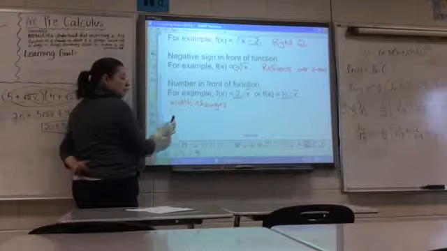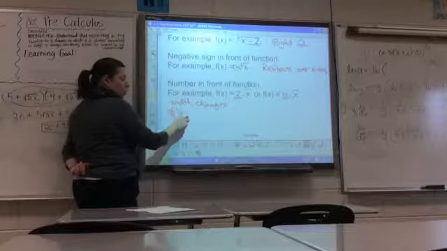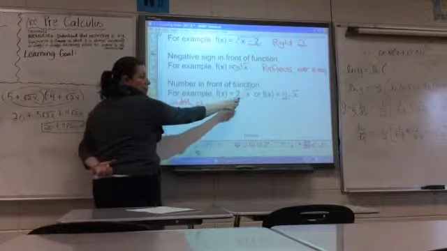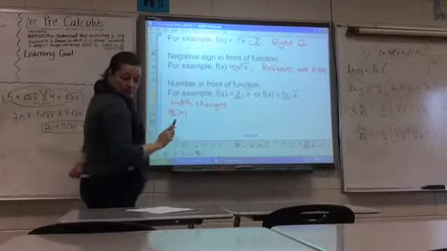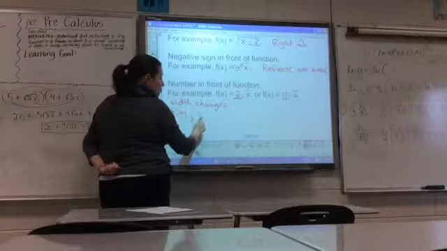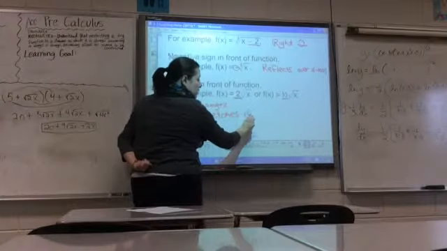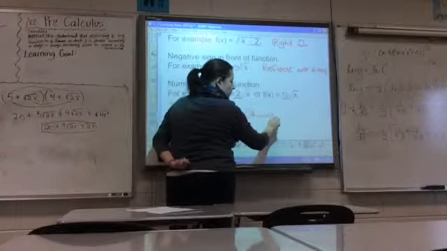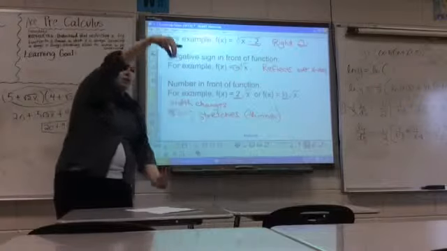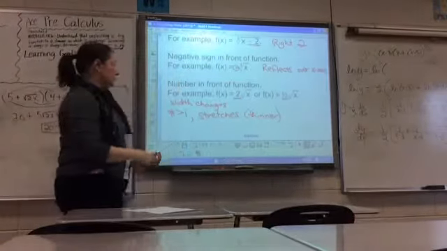Okay, here's how you determine. If it's a number that's greater than 1, like 2, then it stretches. That means the picture gets thinner. It stretches like a rubber band being pulled. It gets thin.